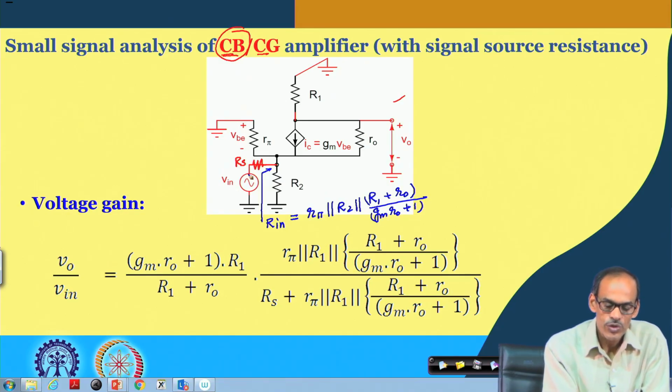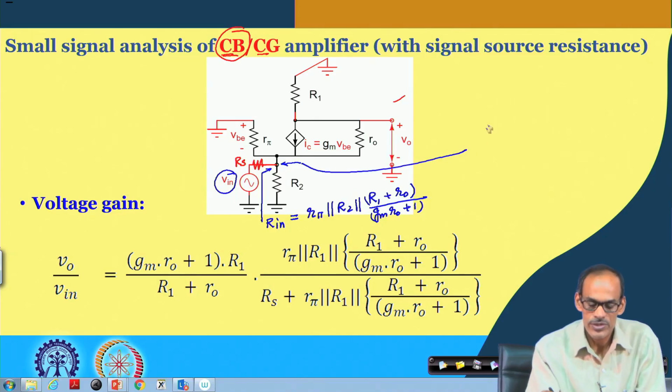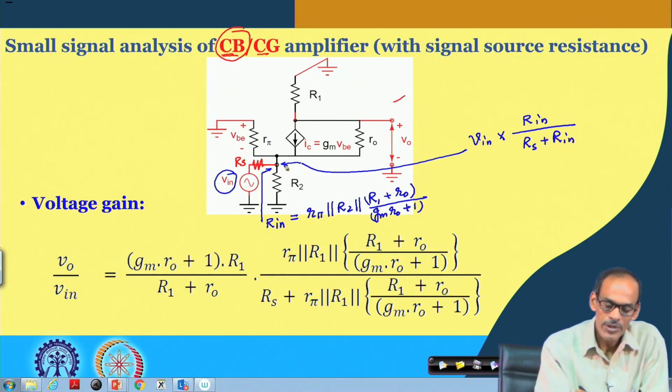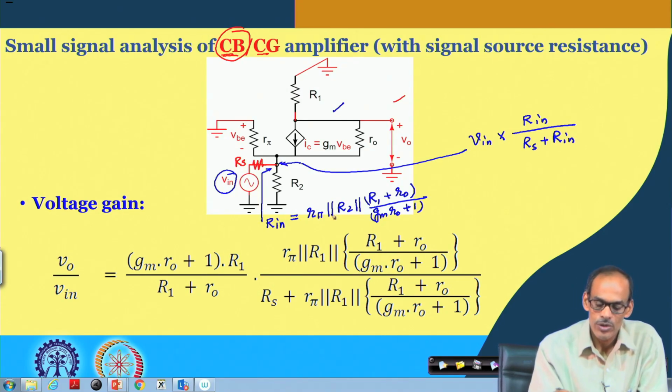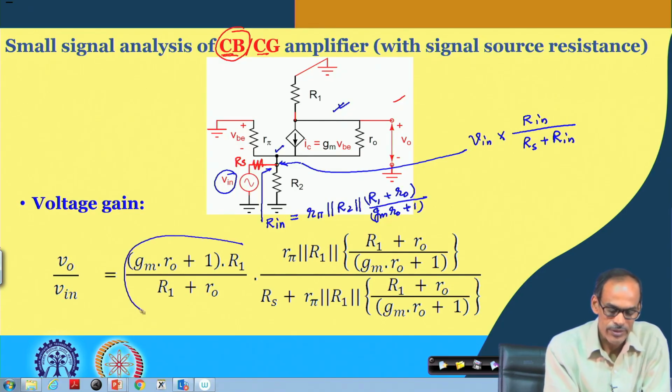So, the attenuation coming from this network, namely part of the Vin arriving here, is Vin multiplied by Rin divided by Rs plus Rin. And after that, from this point to the output, the gain remains the same, and we know the gain from source node to collector node is given here.